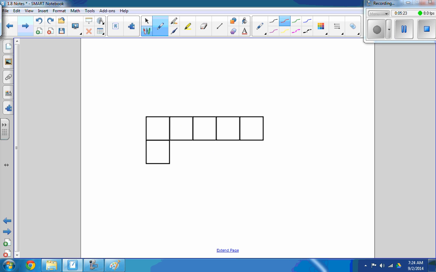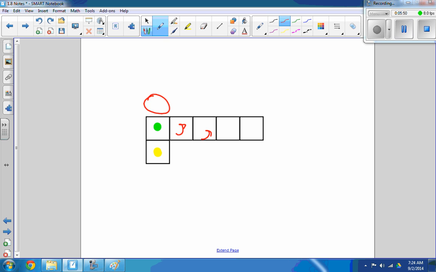Well, not all nets can be folded such that they create a valid shape. This particular one, while it has 6 sides to it, I can't create a cube from it. Because what happens is this is the bottom, this becomes a side. This gets flipped up, becomes a side.